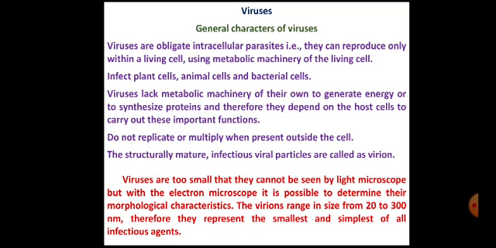Structurally, cells are complex as compared to viruses. But we cannot call a virus a cell because the metabolic machinery is absent in viruses. Therefore, they are considered acellular organisms.